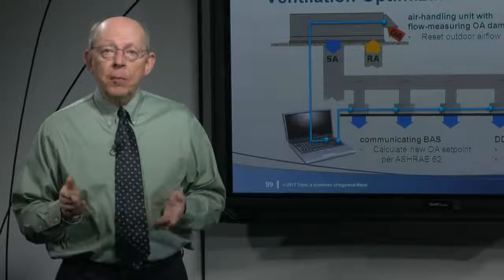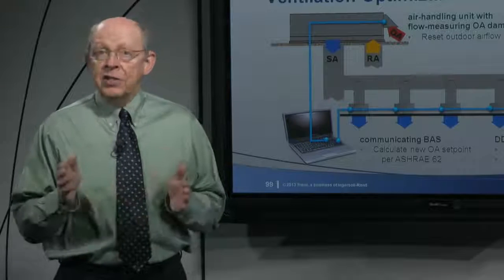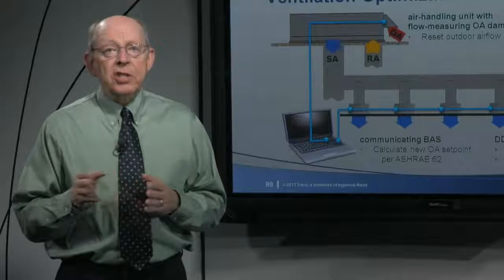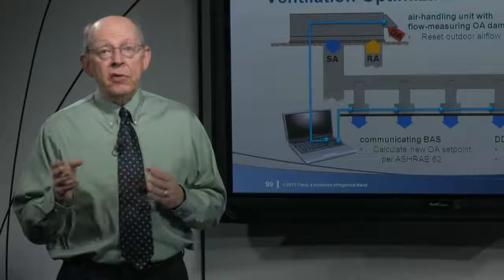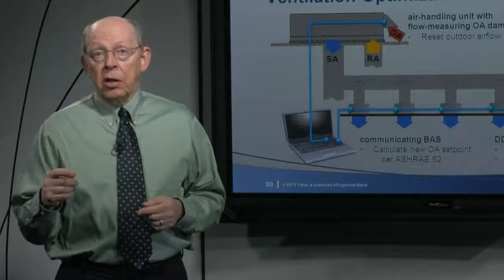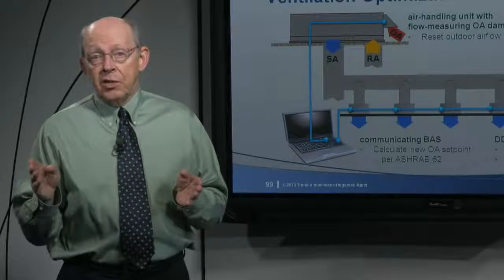This becomes the new set point for outdoor air intake flow at the air handler, and that is how ventilation optimization control works. We've discussed this dynamic reset option extensively in previous ENLs and in the ASHRAE journal articles listed in the bibliography, so we're not presenting details today.